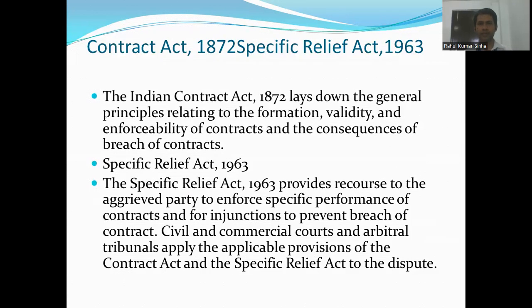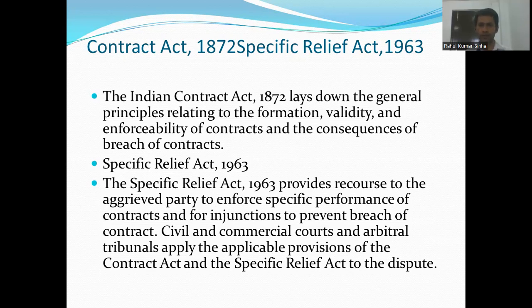Then you see the next acts are the Contract Act 1872 and the Specific Relief Act 1963. They are also to be followed. The Indian Contract Act 1872 lays down the principles related to the enforceability of contract, and what the consequences can be if there is a breach of contract.